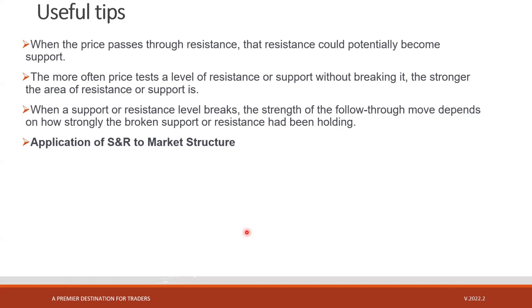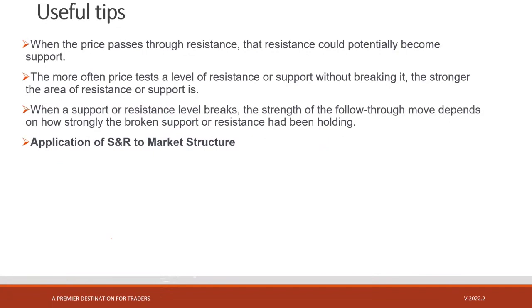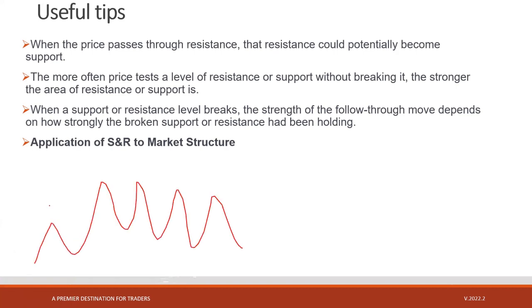And then the application of support and resistance to market structure is essential, like I've mentioned and I keep mentioning, is just putting support and resistance together. What I see many people do most of the time is they'll just see the market and then draw lines on their charts.